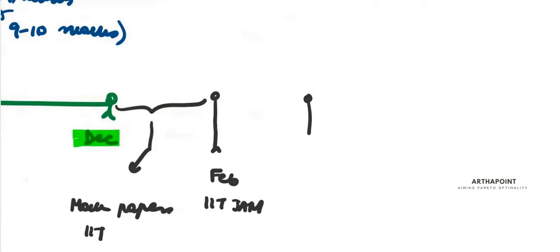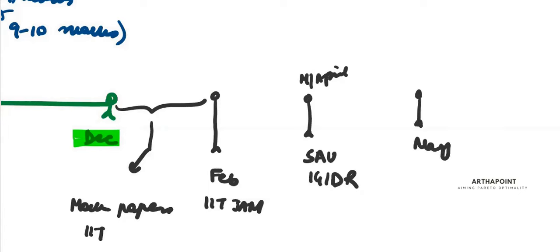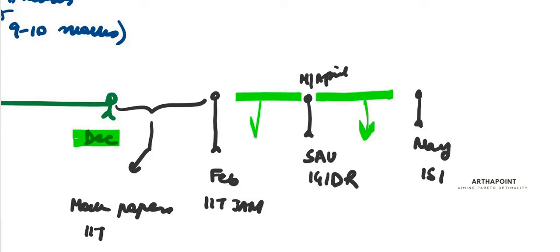Then usually in March/April, although because of COVID the last 2 years stretched, usually in March we used to have SAU, in April IGIDR, and in May ISI. So those months will only go in the preparation of those mock papers which will come in the exam.